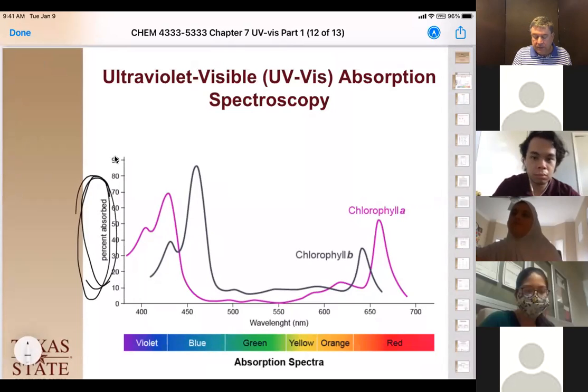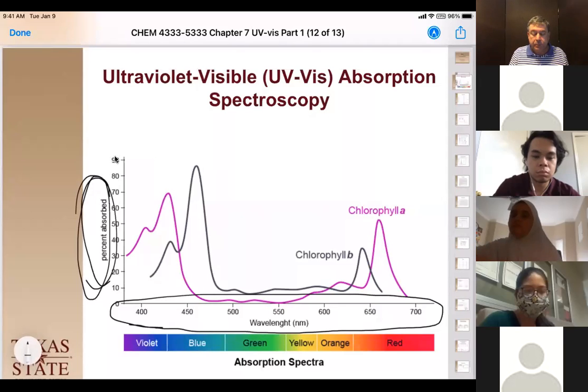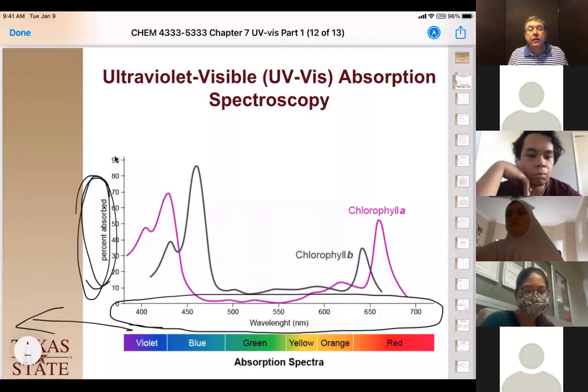But the key that we have there also is the wavelength of light. Okay, so this is all in the visible range, but if you go lower in wavelength, below 375 nanometers, we tend to be going into the UV. And then the UV will go all the way down to about 150, and then we go to the ultra UV, because we have to go into vacuum to actually do UV, because a lot of things absorb in that range.